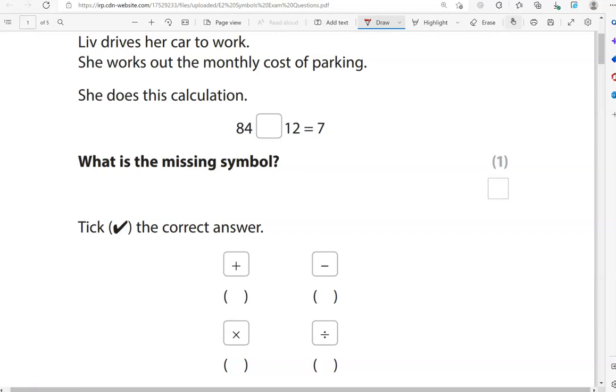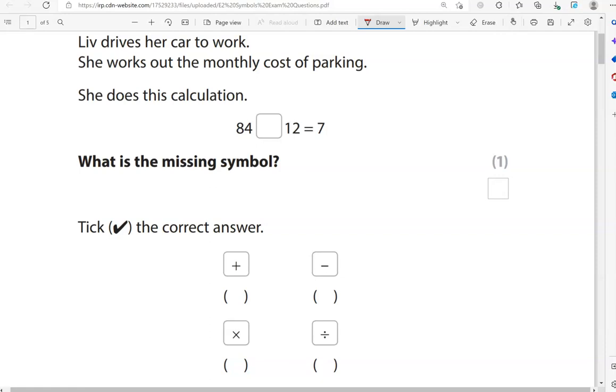There are two things that can help us decide. One is the context. Liv drives her car to work. She works out the monthly cost of parking. So we've got 84 and then we do something to that to give us 7. If we add 12, the number will get bigger. If we take away 12, the number will get smaller, but not as much.